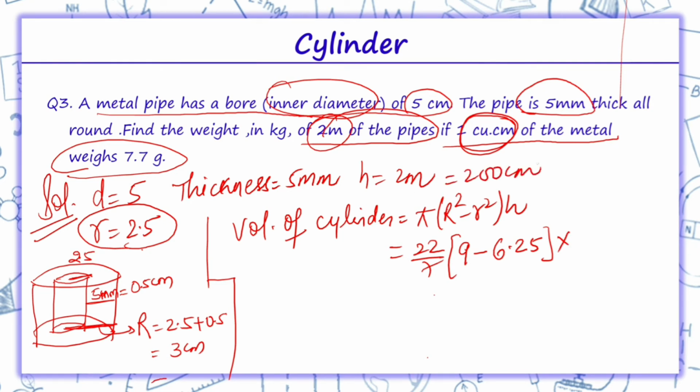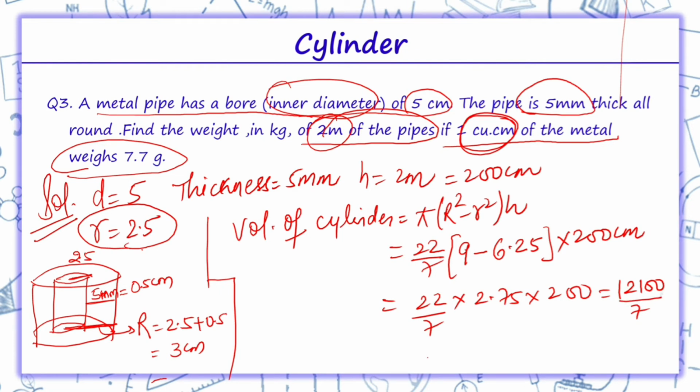So this is 200 centimeter. Thus we will get 22 by 7 into 9 minus 6.25, which is 2.75, into 200. So on solving it, we will get 12100 by 7 centimeter cube.